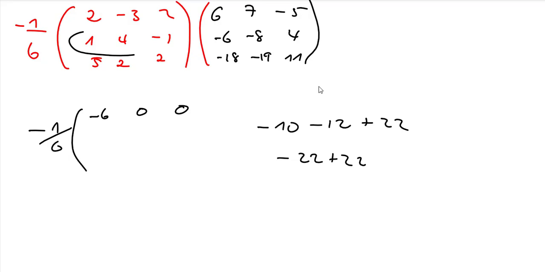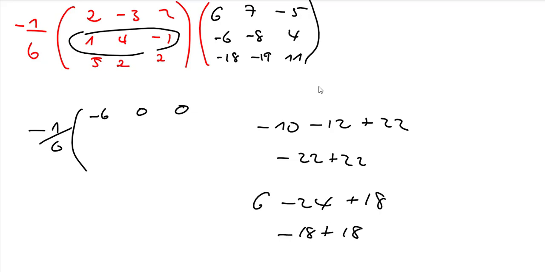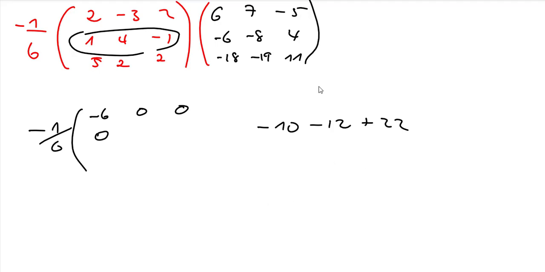Now we go down to row 2, column 1. So we have 1 times 6, which is 6, plus 4 times negative 6, which is negative 24. Then negative 1 times negative 18 gives positive 18, and this will give negative 18 plus 18, which is 0. Now the next entry is row 2, column 2. So we have 1 times 7, which is 7. 4 times negative 8 will give us negative 32.